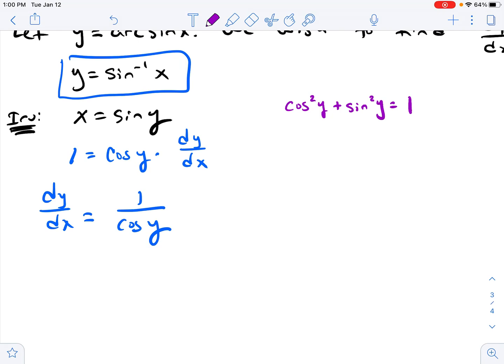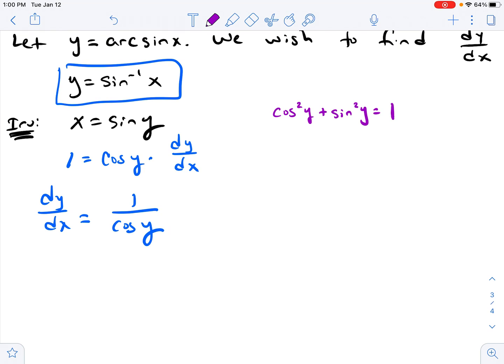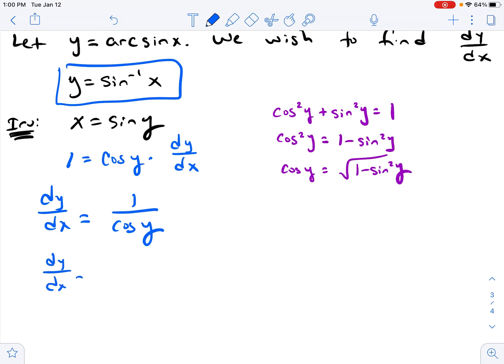It's your basic Pythagorean identity. So if I solve this for cosine y, let's see what we get. I'm going to subtract the sine squared, and take the square root. And so I can replace cosine y in the denominator with the square root of 1 minus sine squared y. So here we go.